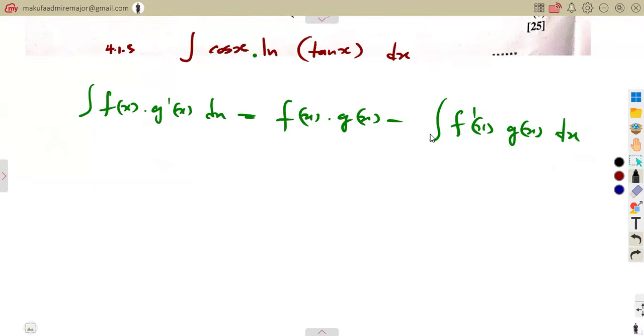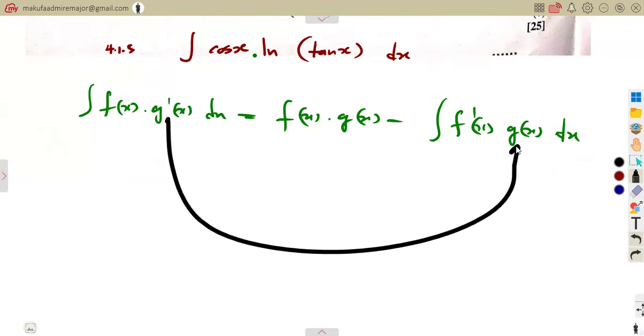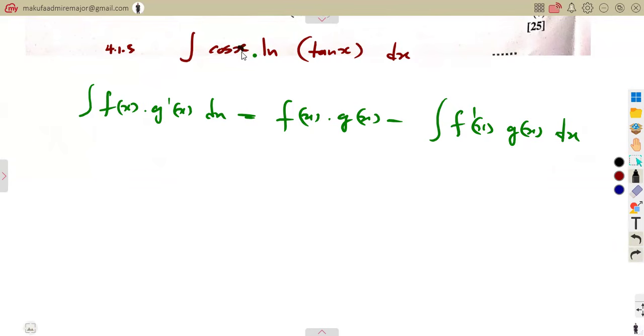So do not just choose any. You go to the integral. This g prime is to be integrated to obtain g of x. Can we integrate a cos? Yes. Can we integrate ln tan? Guys, it's going to be something else to integrate that.